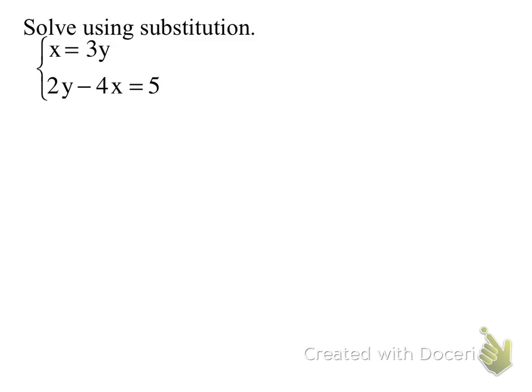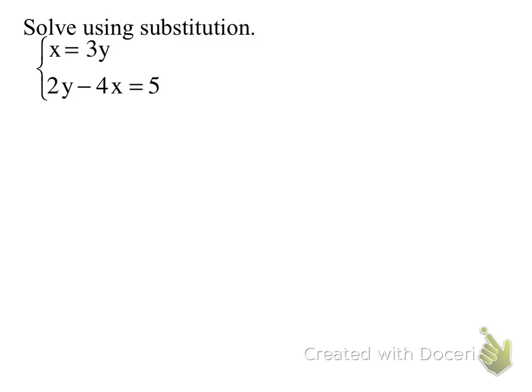All right. In this case, what am I going to substitute for? Oscar. x and y. Well, which one in particular? What's the easiest to start off with? x equals 3y. Right, and so what are you going to substitute for? What gets substituted for what? x gets substituted for 4x.